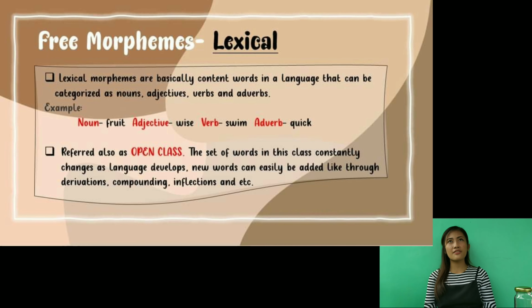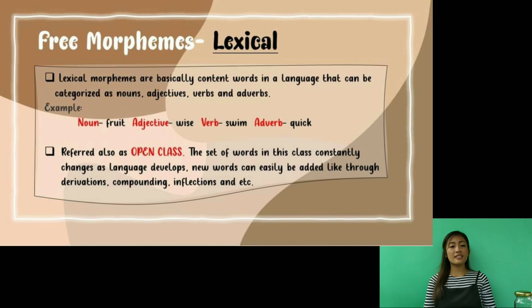And for the adjective, examples are wise, beautiful, ugly, delicious. And for the verbs, we have swim, eat, run, surf. And next for the adverbs would be quickly, fast, slowly, later.